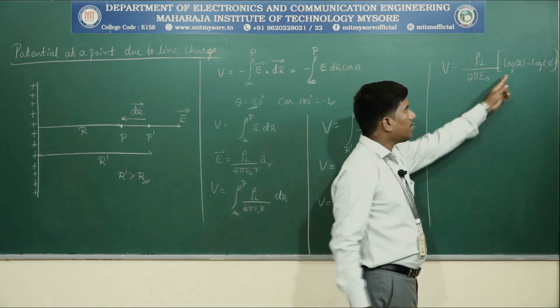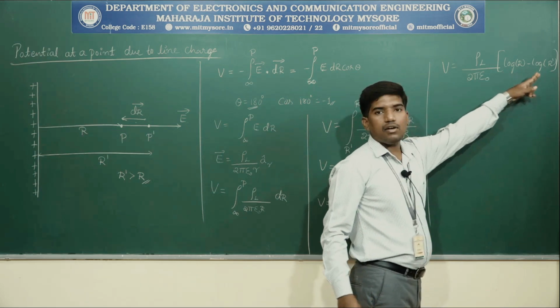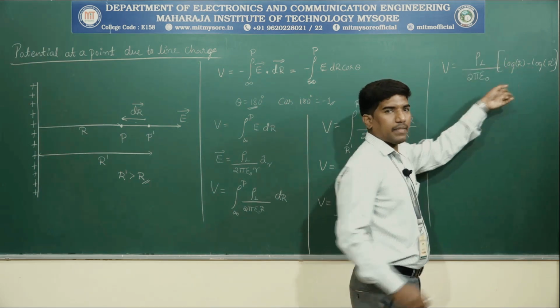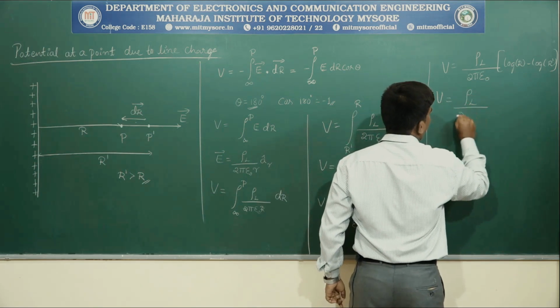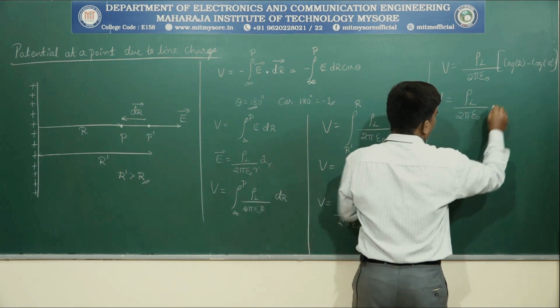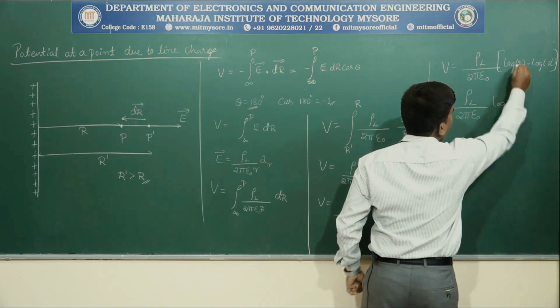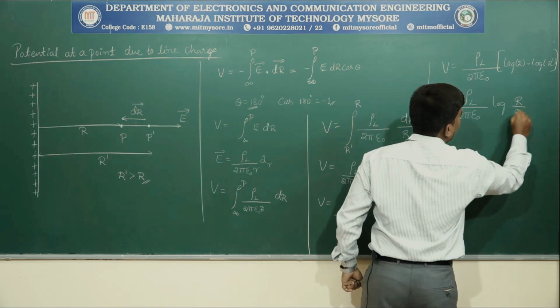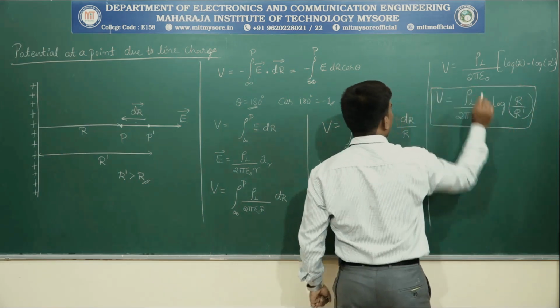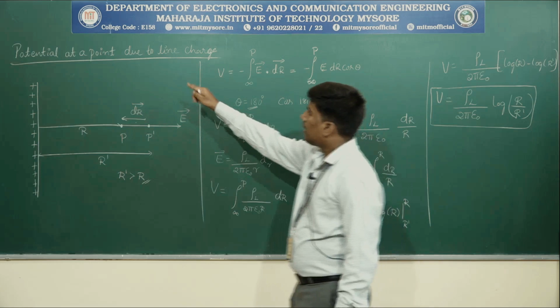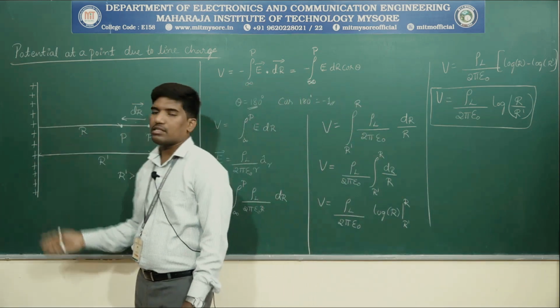According to logarithmic laws, log A minus log B is equal to log A by B. Therefore, V is equal to rho L divided by 2 pi epsilon naught into log of R by R dash. This is the final expression for potential at a point due to a line charge.